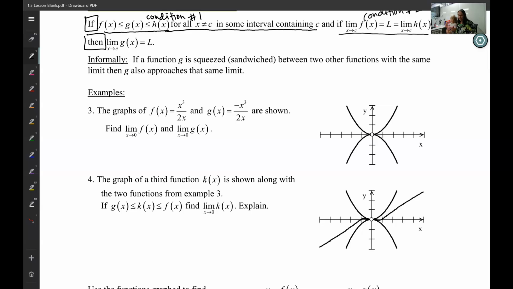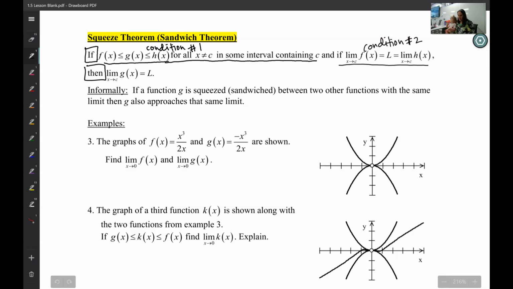F of x is this lower parabola. H of x is this upper parabola. G of x would have to be between them. Have to. That's that first condition: g is always between f and h. Then function g is squeezed or sandwiched between those other 2 functions.